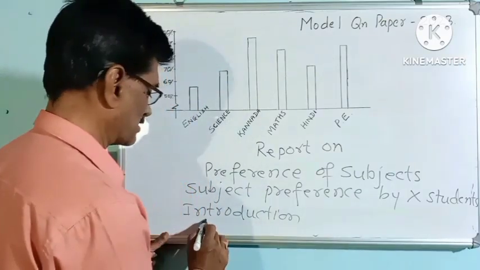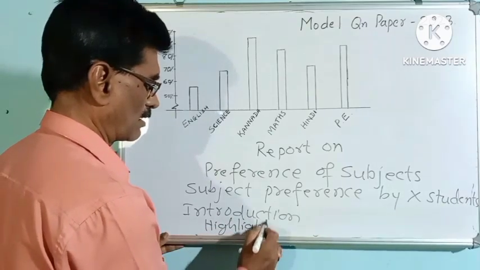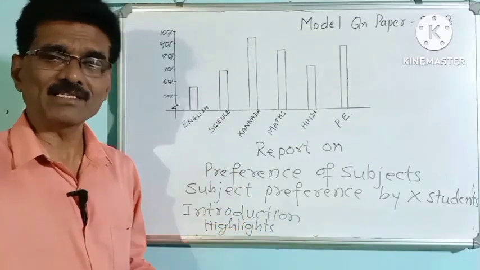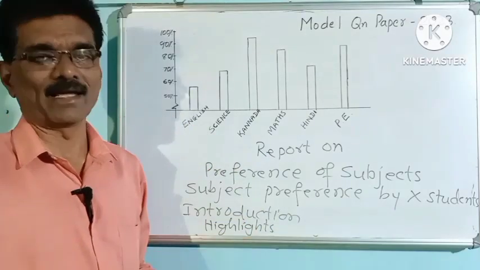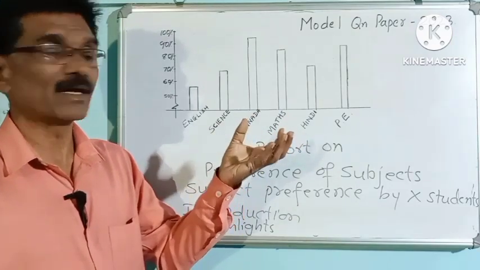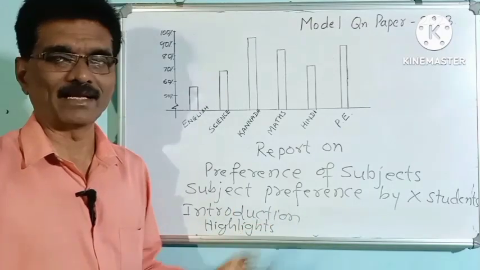Next is highlights. The maximum and the minimum. This constitutes the highlights, or what is very important when you glance at this graph, that becomes your highlight.